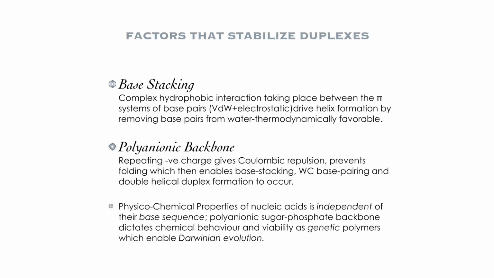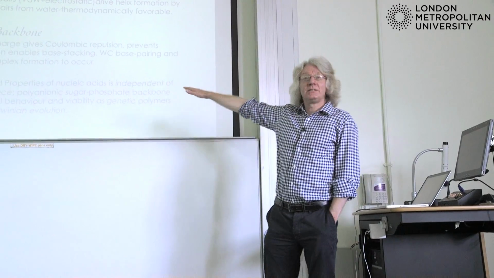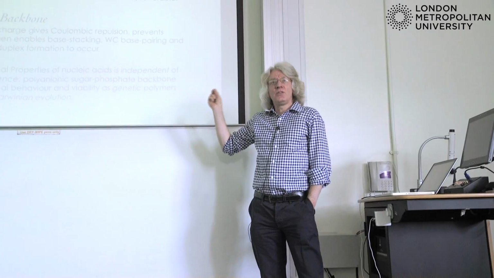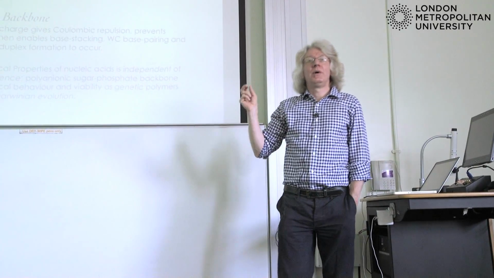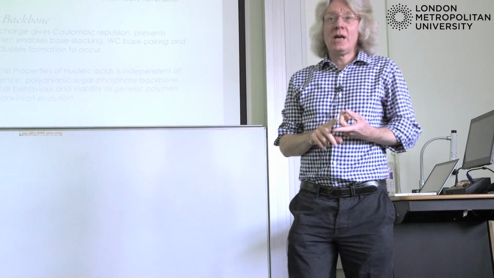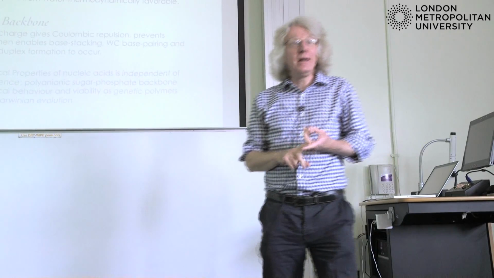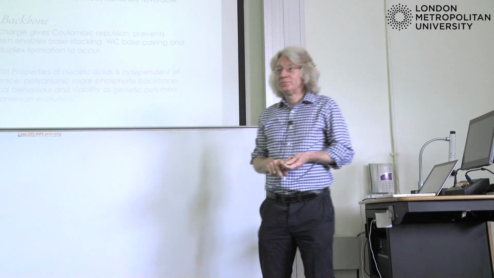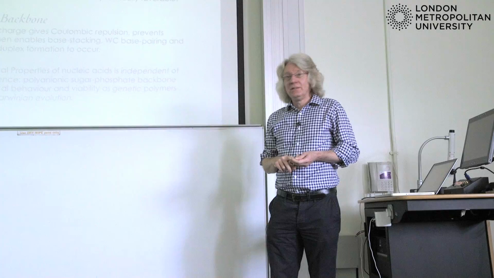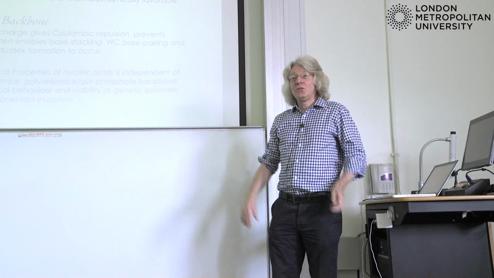And this is very interesting because it's this repeating negative charge in the polyanionic backbone that gives nucleic acids the property that they're the one biopolymer in which the physicochemical properties are independent of the sequence. That's quite unique to nucleic acids.